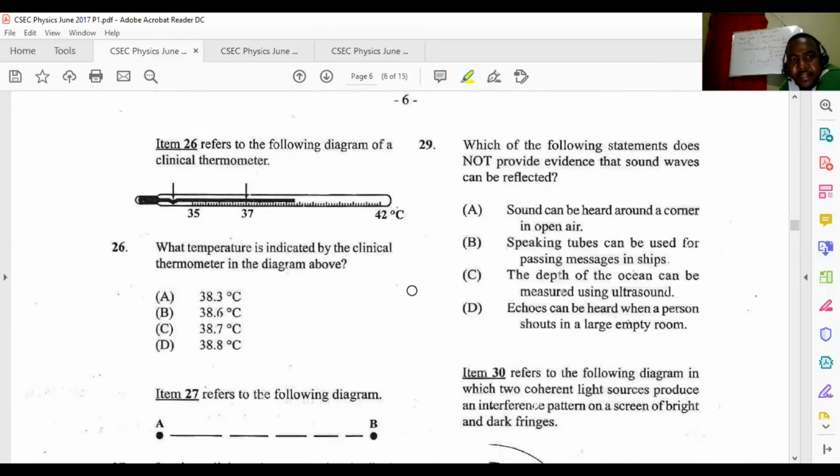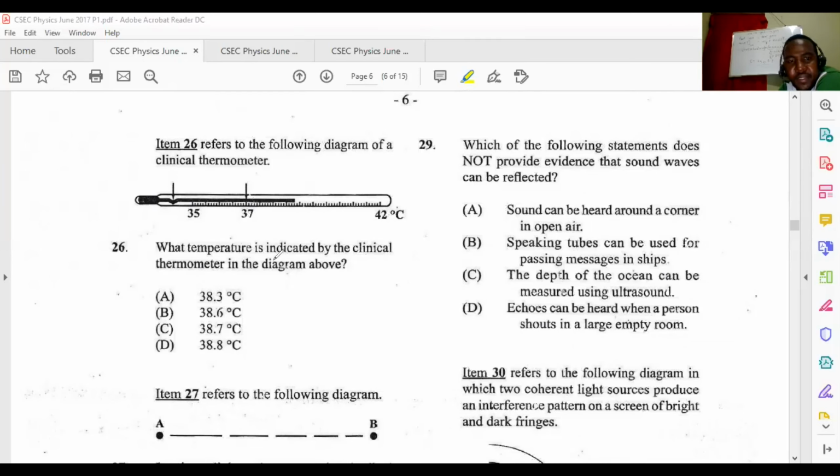All right, next, 26. What temperature is indicated by the clinical thermometer in the diagram above? All right, so let's see. A, 38.3. No, let's see.